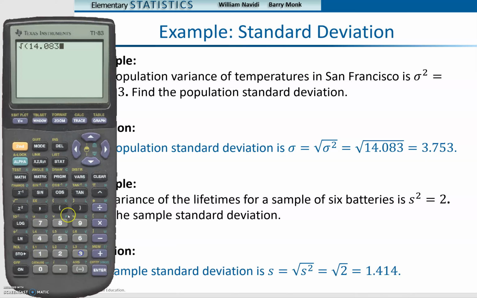Usually if you can see the symbol when you press it, that means you put it first. If you press the button and you don't see anything, that means you put the number in first. So square root of 14.083, I get 3.752, and they get 3.75. They rounded it right there, so this is a 2, so that rounds down.